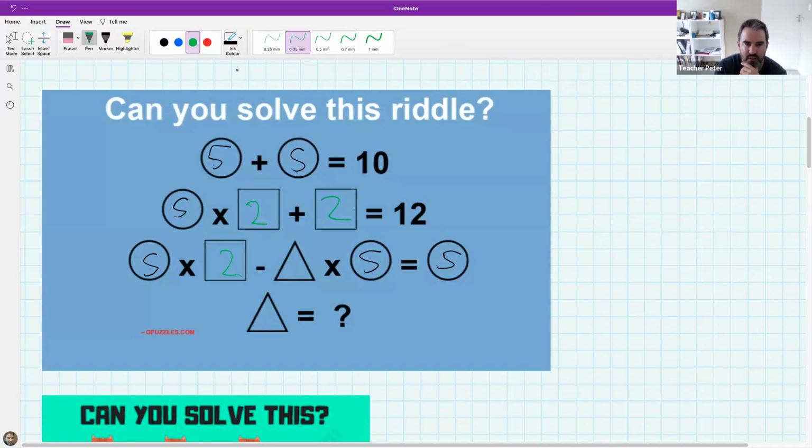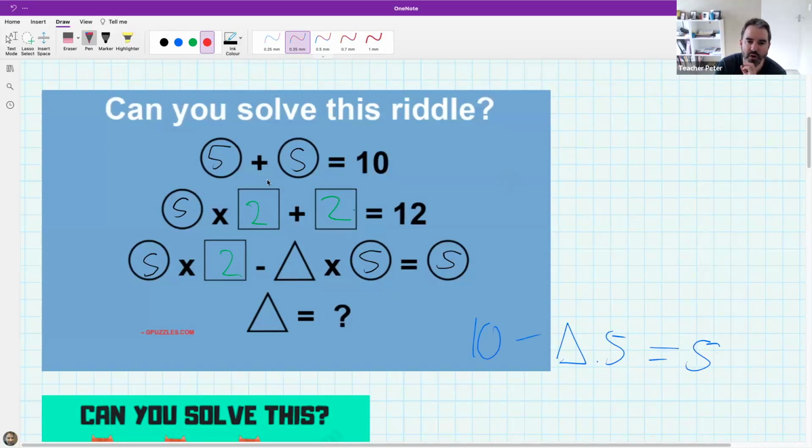So what does the triangle have to be? 5 times 2 is 10. And then what is the triangle going to be to make this whole thing work? Who knows their BODMAS? 5 times 2 is 10, and then there's something times 5, and then it equals 5.